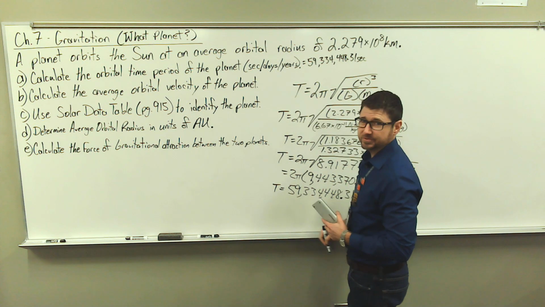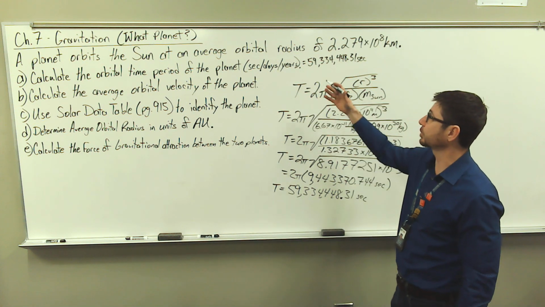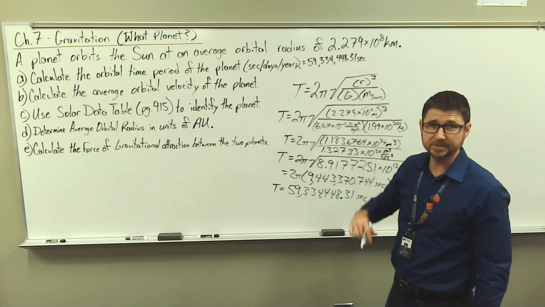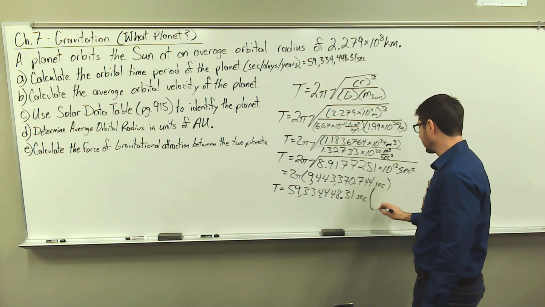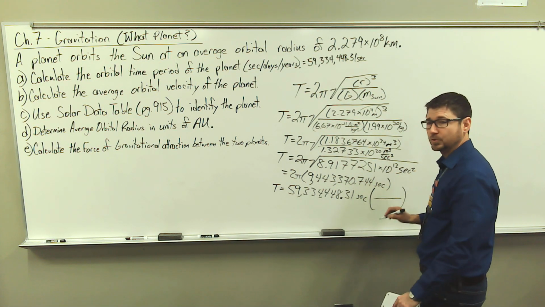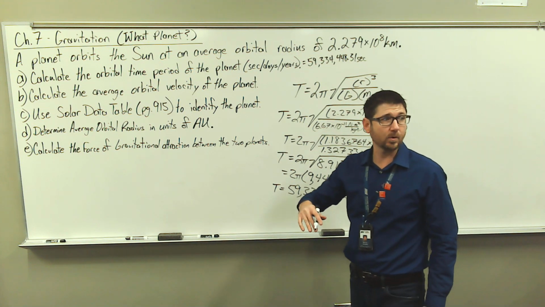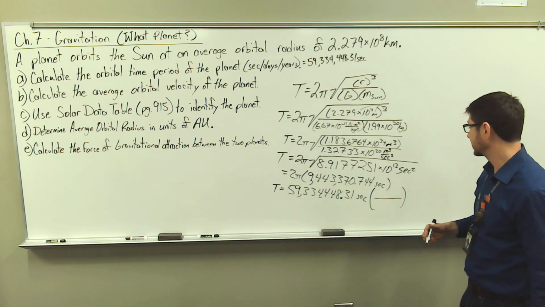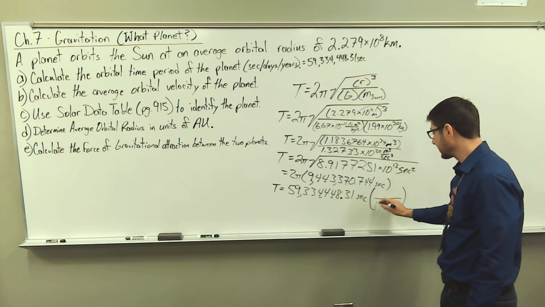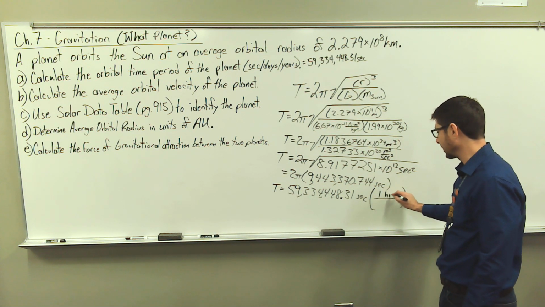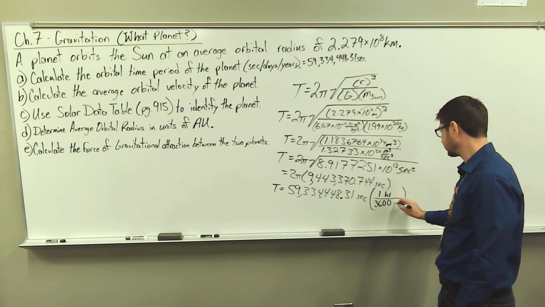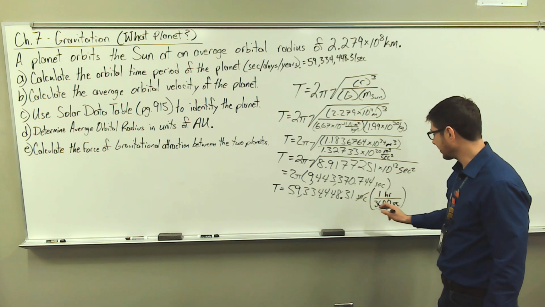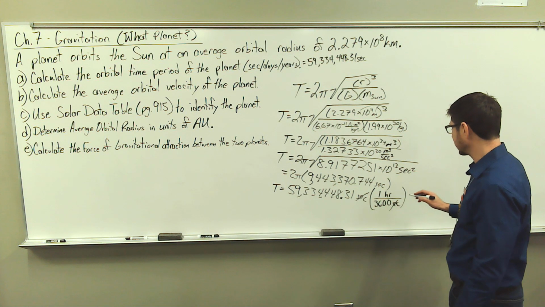Okay, now we need to use some dimensional analysis to convert our units from seconds to units of days. So let's do first is go from seconds to hours, and then from hours to units of days. So we know that in 1 hour we have 3,600 seconds. So here we have our units of seconds cancel out.